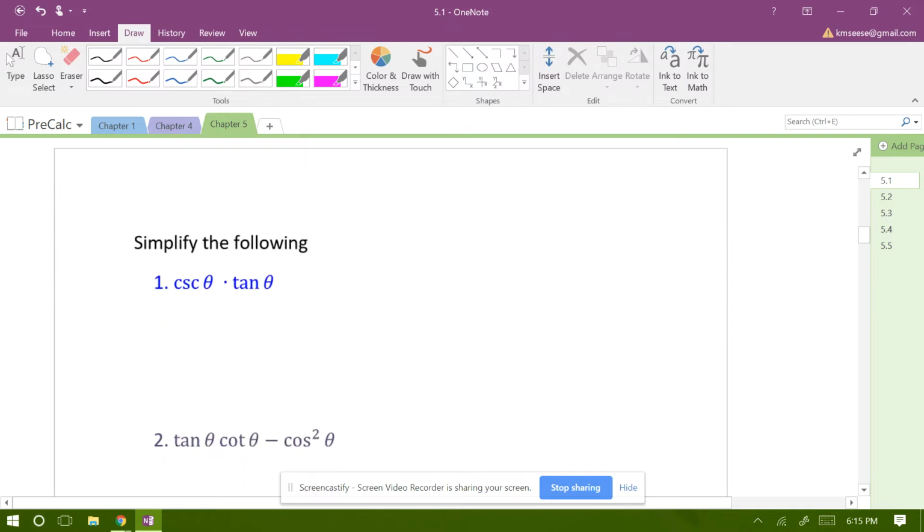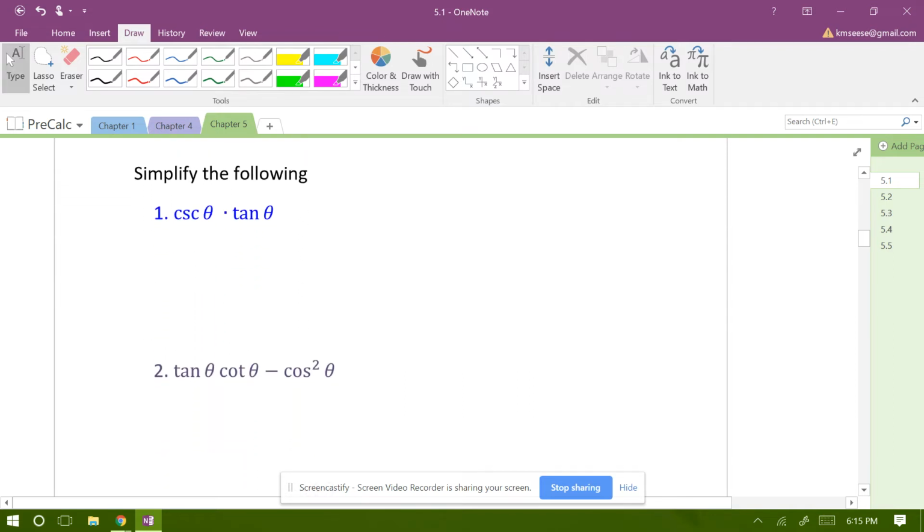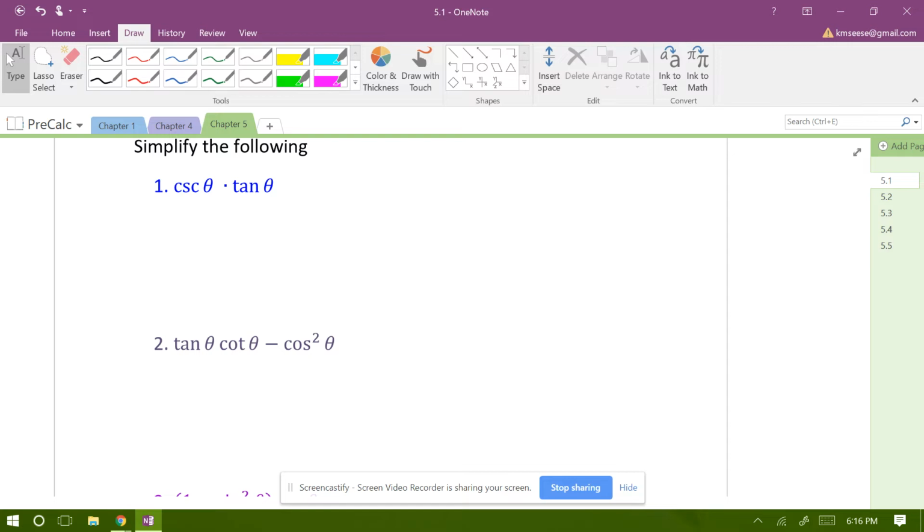So what we're actually going to do is simplify the following. We are going to substitute in and use these identities, and simplify as far as we possibly can. Cosecant of theta we just talked about is a reciprocal to sine, so cosecant of theta is 1 over sine of theta. Tangent of theta would be 1 over cotangent, but that's not really going to help us here.